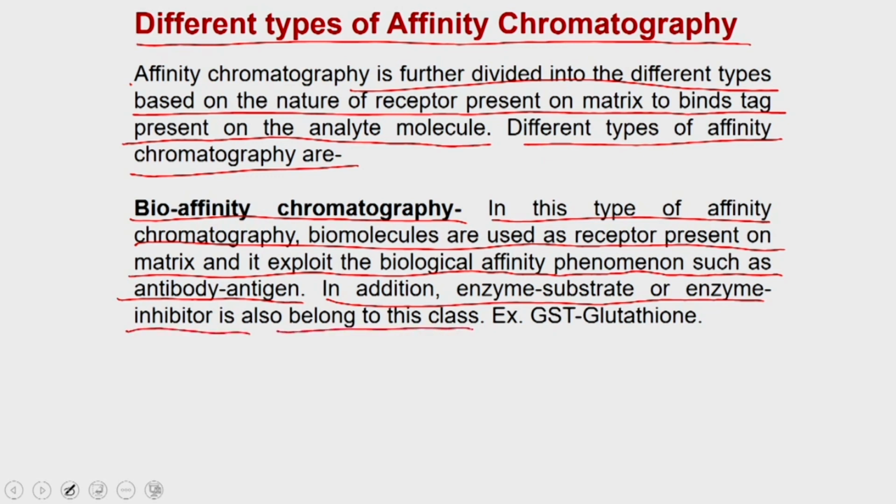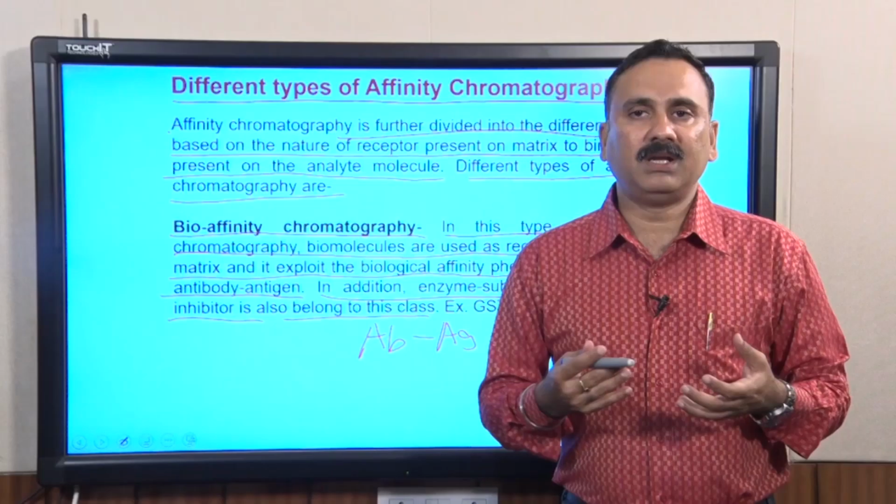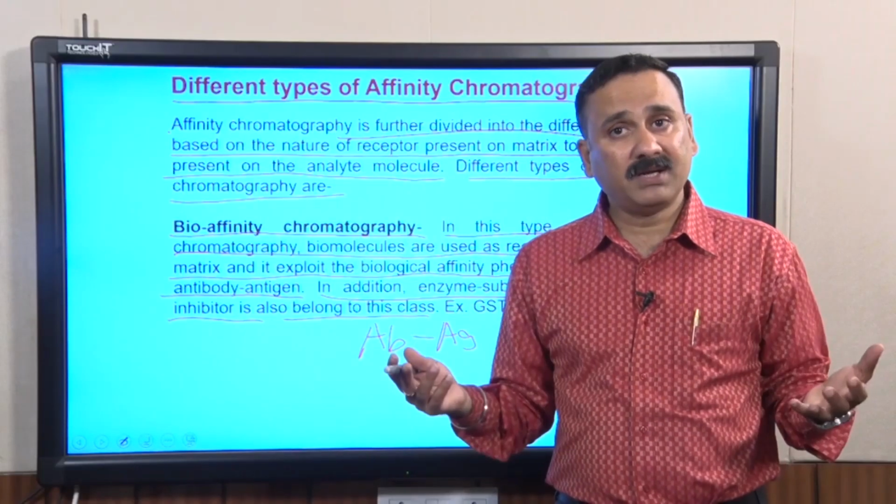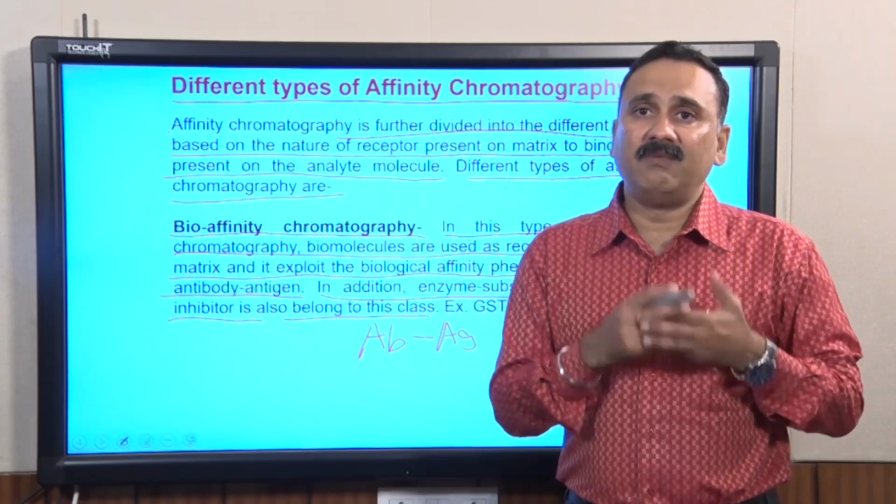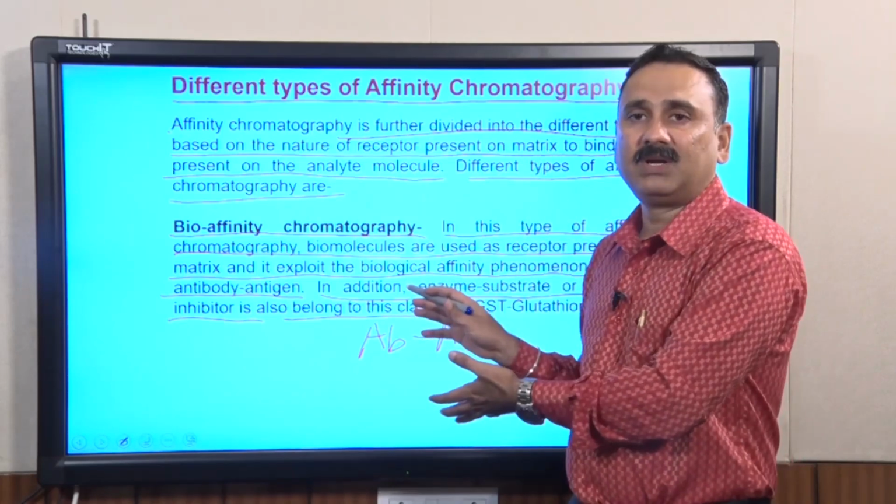So in bioaffinity chromatography, you can have antibody to antigen. You know that when antigens are injected into the human body, they generate antibodies, and these antibodies are very specific for that particular antigen.